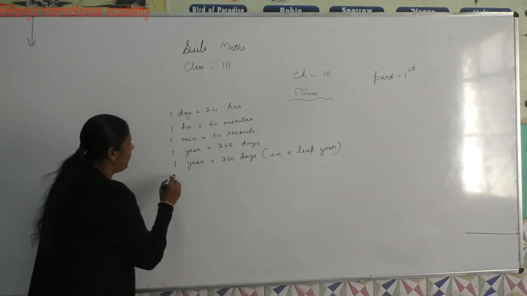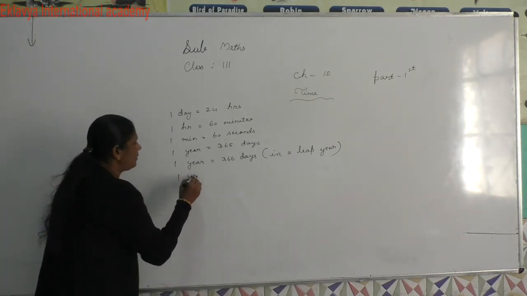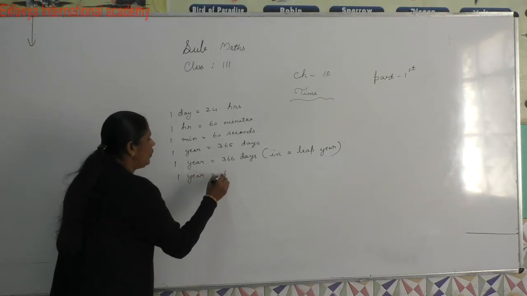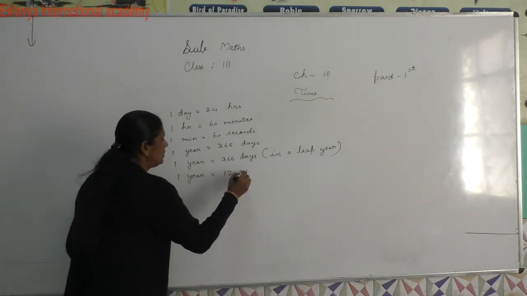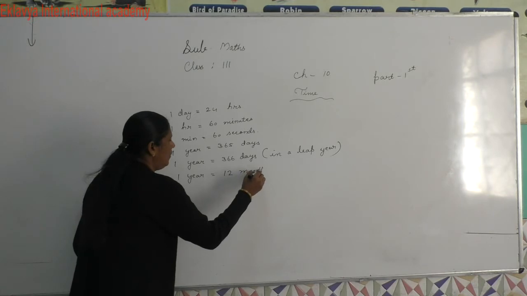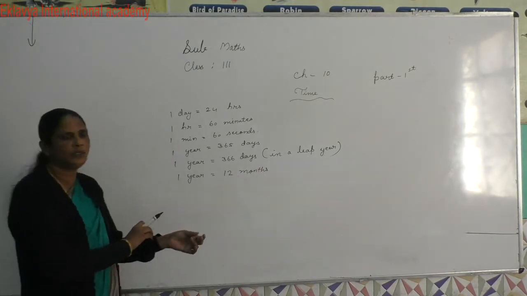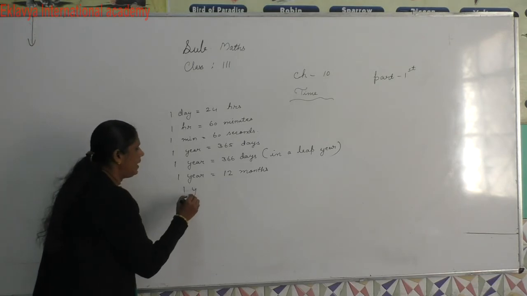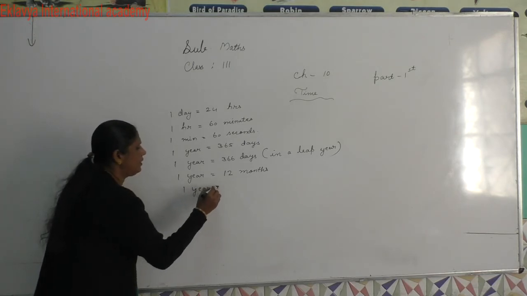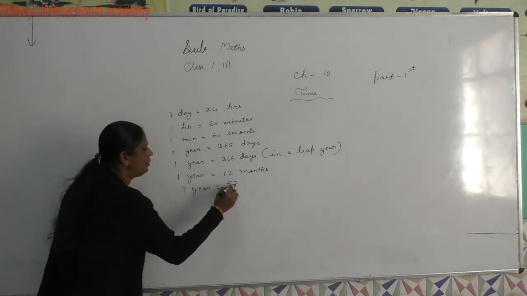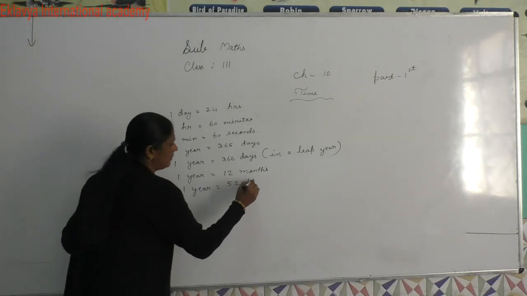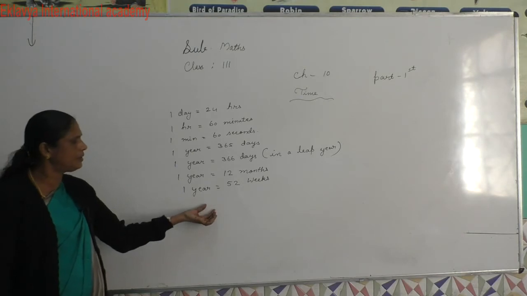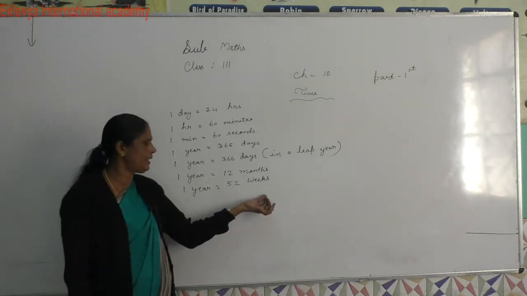Then 1 year is equal to 12 months. Again, 1 year is equal to 52 weeks.